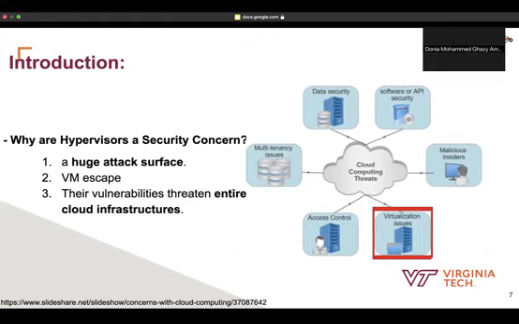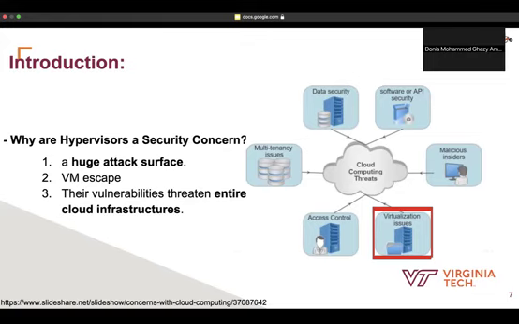A hypervisor bug can lead to VM escape, so an attacker can break out of a VM and compromise other VMs or the host. Cloud providers such as AWS, Azure, and so forth rely on hypervisors, so any hypervisor vulnerability can threaten the entire cloud infrastructure.